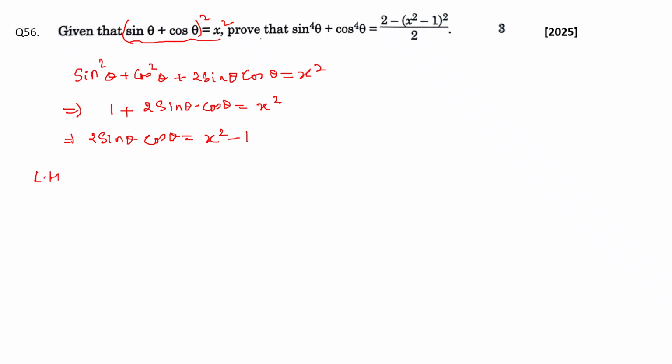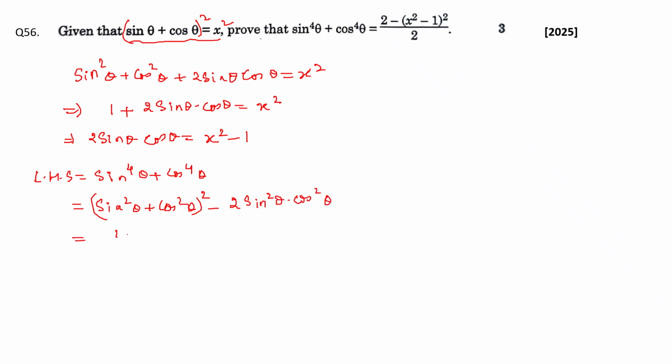Next, LHS is sine 4 theta plus cos 4 theta. So it will be sine square theta plus cos square theta whole square minus 2 sine square theta into cos square theta. So it will be 1 minus 2 times. Now from here I will get sine theta into cos theta as x square minus 1 by 2.